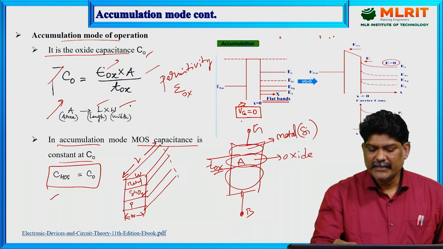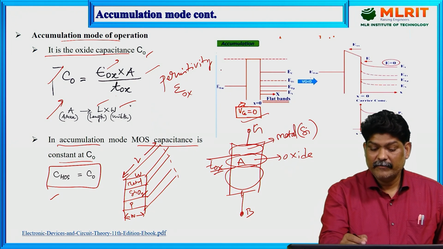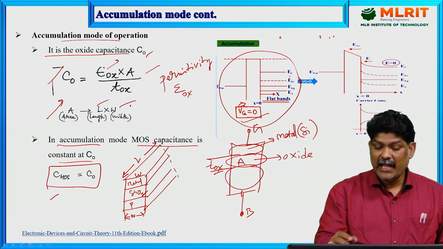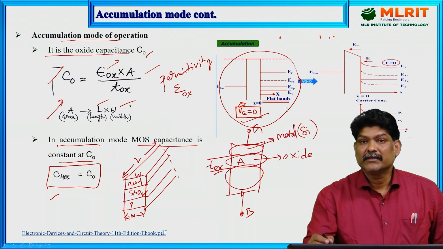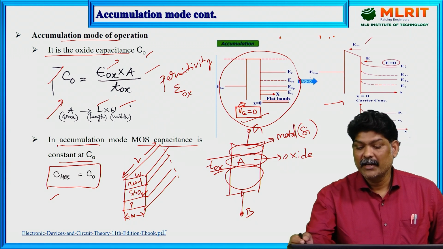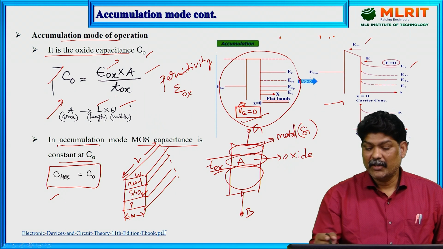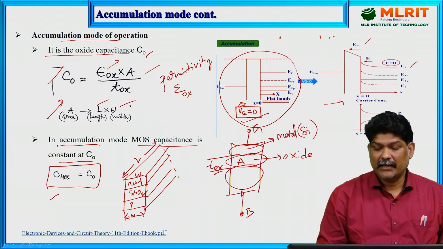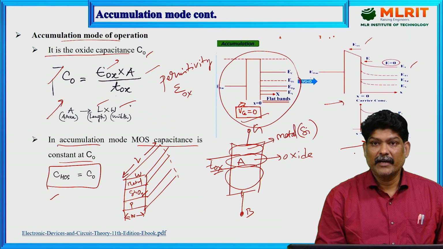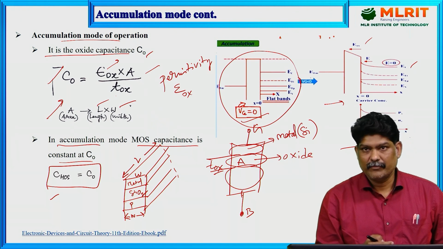Here Vg is equal to 0, and this is the flat band operation of the MOS capacitor, which will be converted into accumulation mode. In accumulation mode the bands are not flat; there are curves between the conduction band and valence band. This is the energy band diagram of the MOS capacitor when operated in accumulation mode.